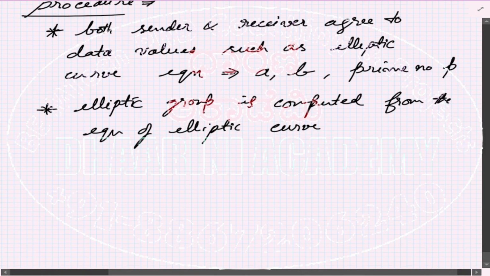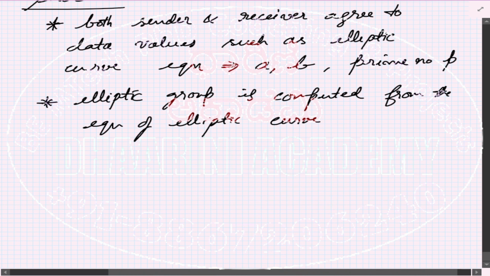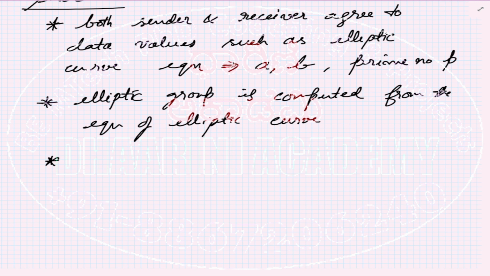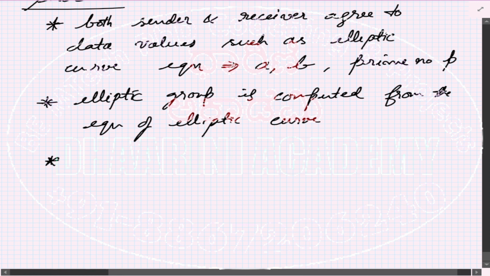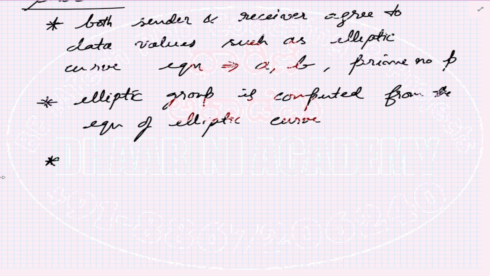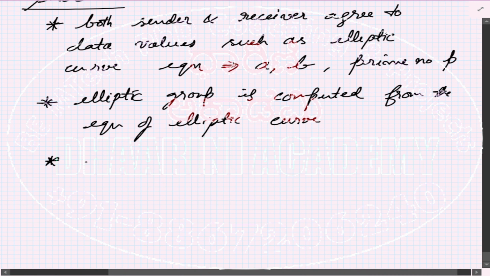Then the next step is what is called a base point. I'll show the use of the base point when we go to the algorithm itself, but there is a necessity of a base point that should be selected. It is something like a generator polynomial. You generate something based on a base point in every mathematical operation that we use. That's what is called a base point, and this point will be selected from the elliptic group itself.